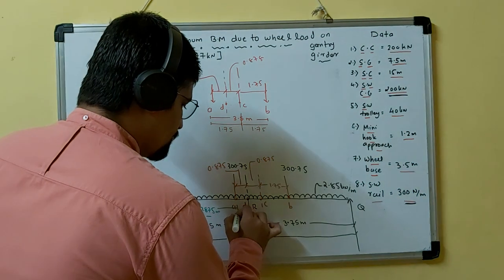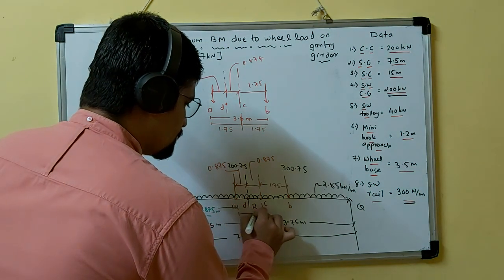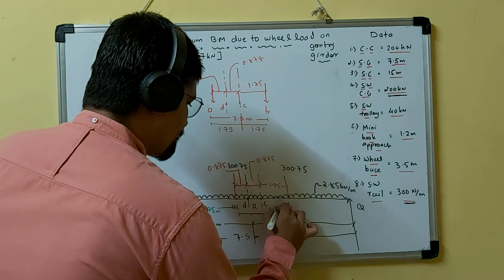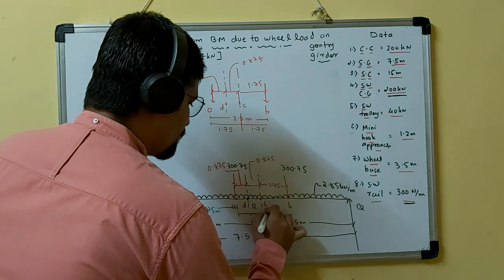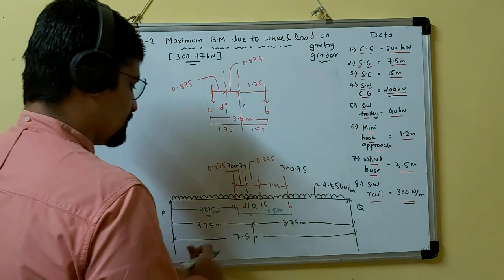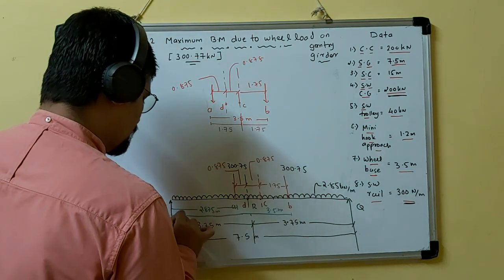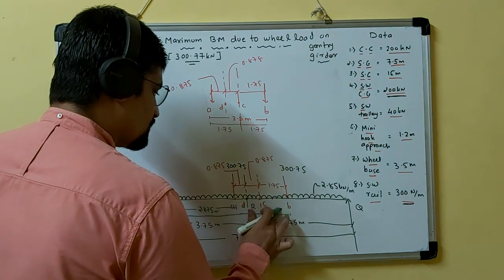Now we know that this is 1.5, and this is 3.5. Okay, so the distance from left to B is how much?